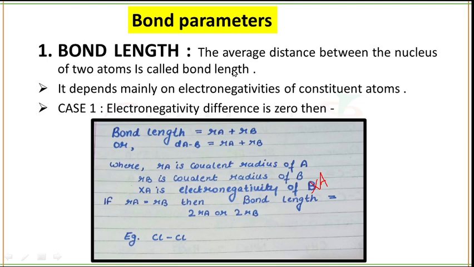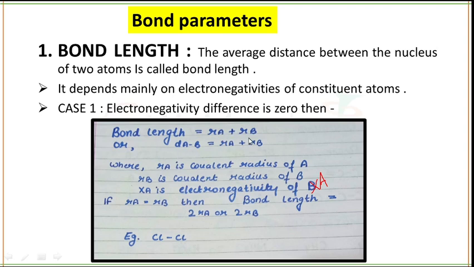There are two cases in bond length. Case 1 is when electronegativity difference is 0, in the case of a homoatomic series or homomolecules. You are given the bond length as Ra and Rb.